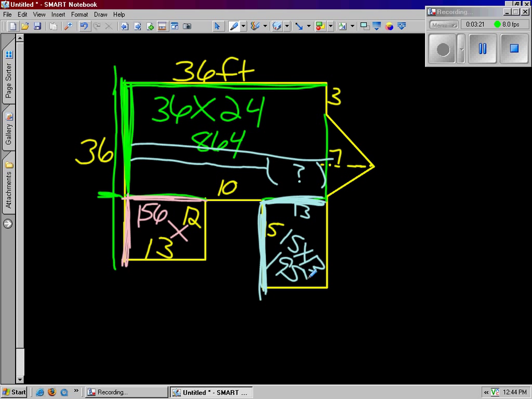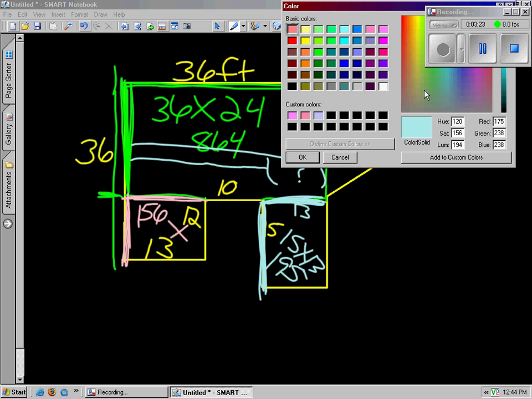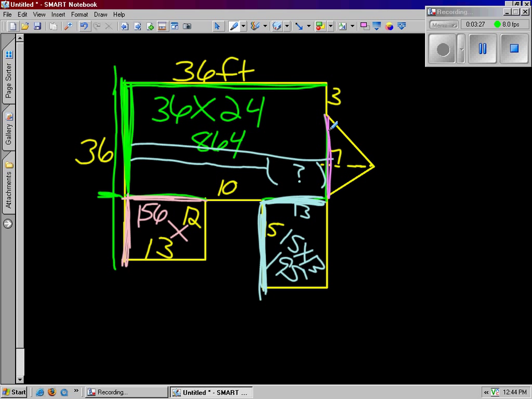And now looking at the triangle, of course in purple, have to do it in purple, I need to know the base, right? I know my height. My height is 7. So I know I'm going to have 1/2 times 7 times something, right? Now, this is where it's going to get a little complicated.